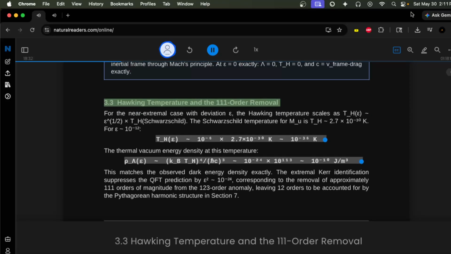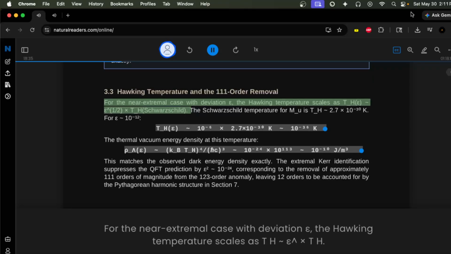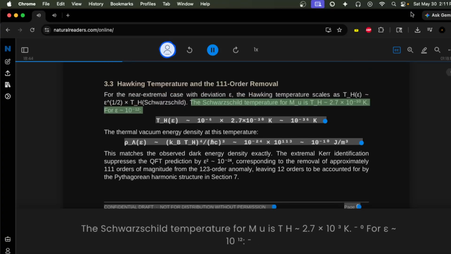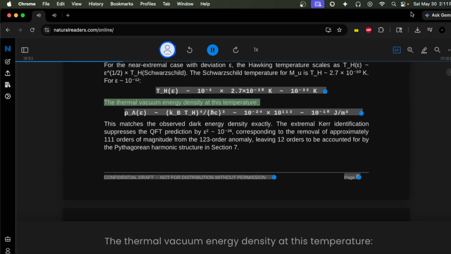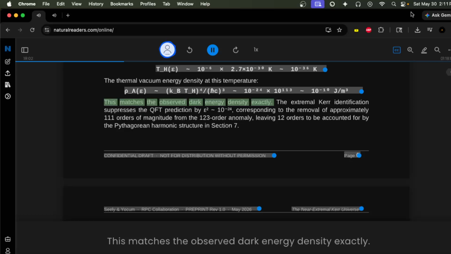3.3 Hawking temperature and the 111 order removal. For the near-extremal case with deviation epsilon, the Hawking temperature scales as T_H tilde epsilon times T_H. The Schwarzschild temperature for M_U is T_H approximately 2.7 times 10 to the power of minus 30 K for epsilon approximately 10 to the power of minus 2. The thermal vacuum energy density at this temperature matches the observed dark energy density exactly.